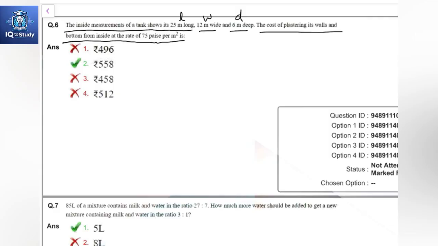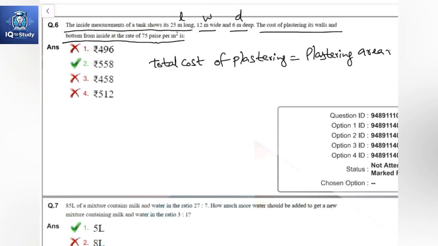We have to find the cost of plastering area. Total cost of plastering is equal to plastering area into rate per meter square. Let's find the plastering area first.